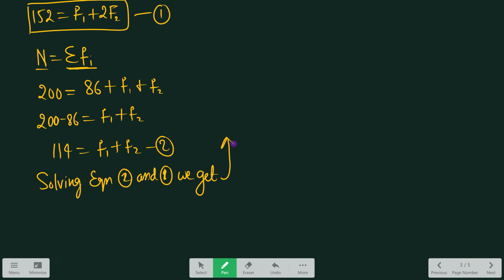So what is equation 1, student? F1 plus 2 F2 is equal to 152. What is equation 2? F1 plus F2 is equal to 114. So now we are going to subtract, change the signs, F1 minus F1 gets cancelled.